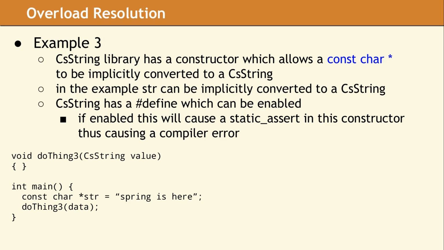As a side effect, we had to add a type trait test in the static assert to ensure the compiler does not evaluate the static assert until the template is fully instantiated. This mechanism works because template instantiation occurs after overload resolution has selected the best match, even though template argument deduction happens before the overloads are resolved.